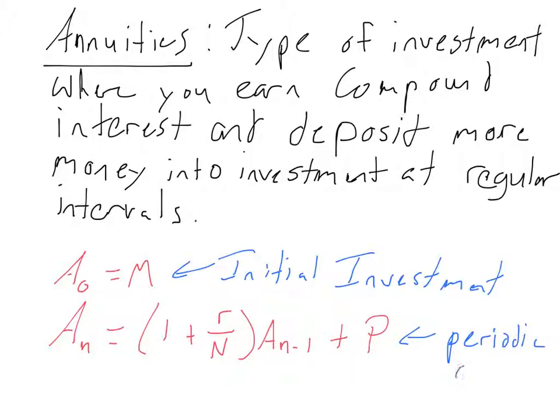So you have your periodic deposit, r is your interest rate, and n is the number of times compounded per year.